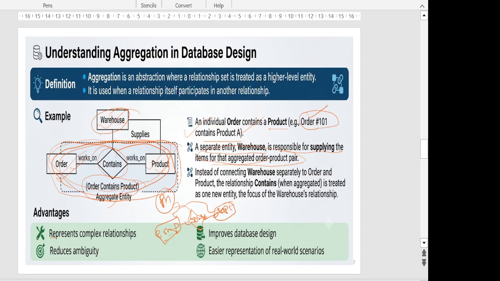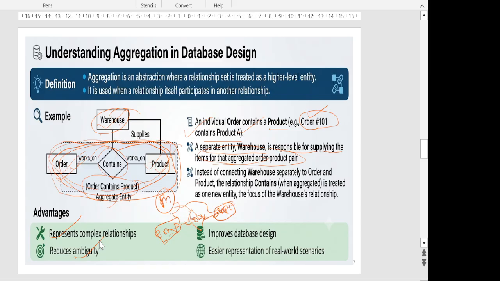So what is the advantage? It will represent the complex relation. It reduces the ambiguity. How will the ambiguity reduce? Because when you see from the top level, it looks very simple, but it will not represent the entire data. It will show an abstract version, so that everyone feels it is very simple and there are no details, or if full details are available, they are written in a very clear manner.